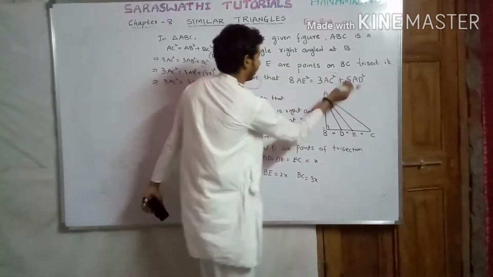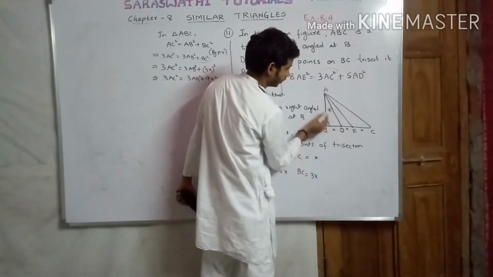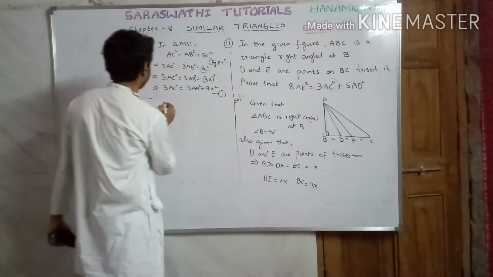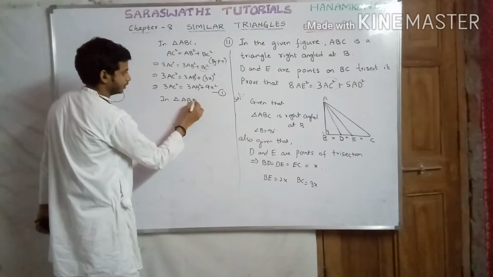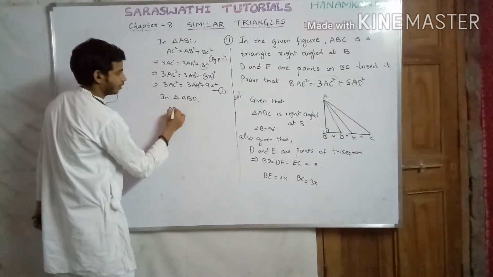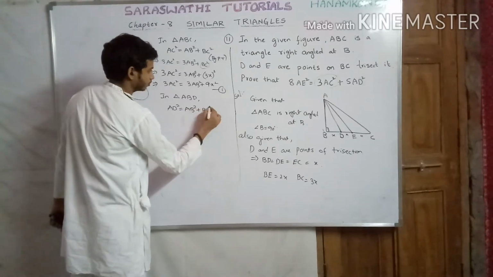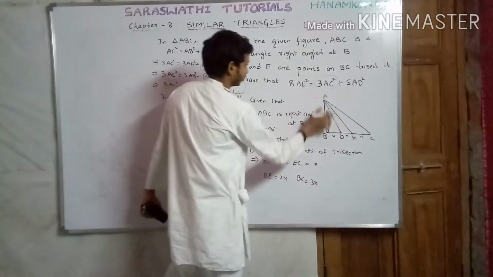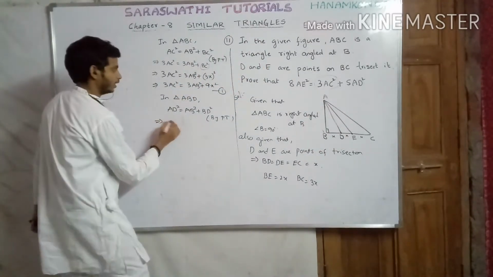Similarly, in the RHS it is 5AD square, so we have to get AD square. To get AD square, consider triangle ABD. In triangle ABD, AD square equal to AB square plus BD square, by Pythagoras theorem.